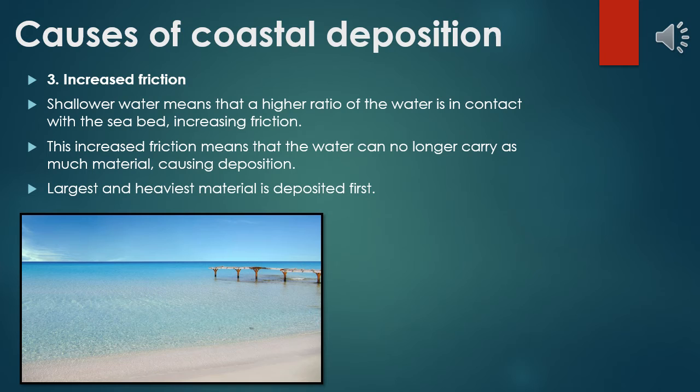Obviously the largest material gets deposited first, and that's why often we see larger material deposited at the base of beaches closer to the sea and smaller material at the top, unless it's just had a big storm, in which case it will all be mixed up and shuffled around. So yeah, more friction means more deposition.